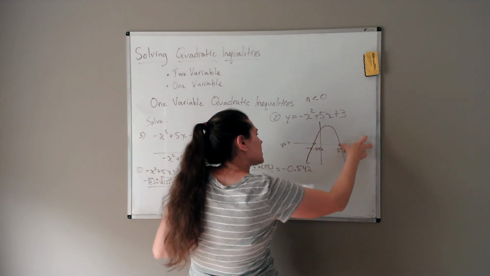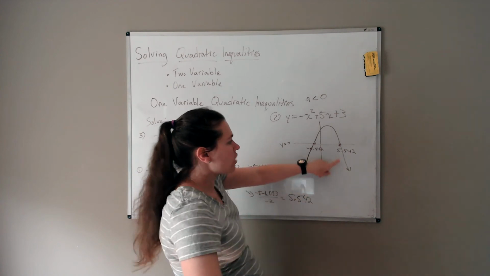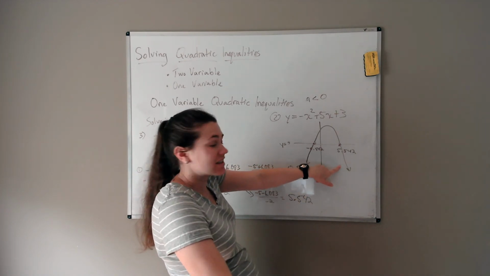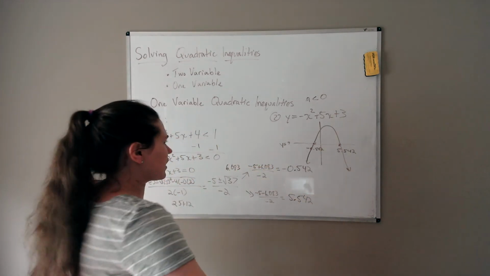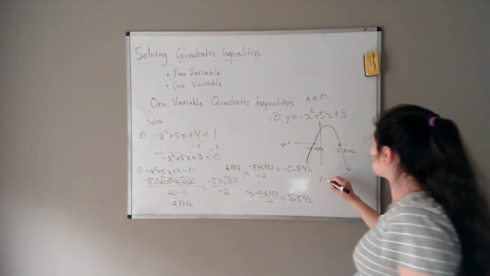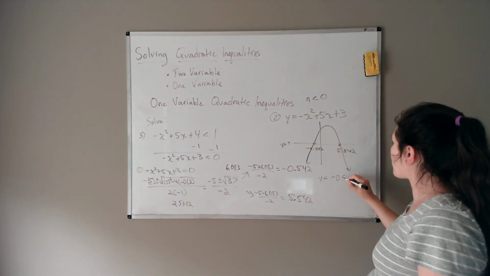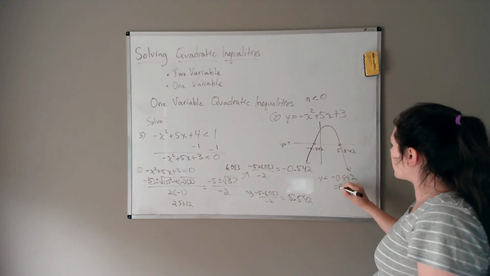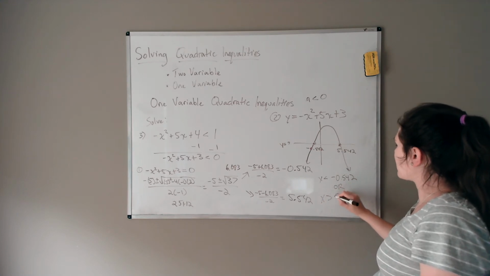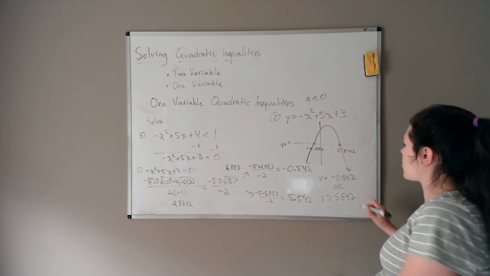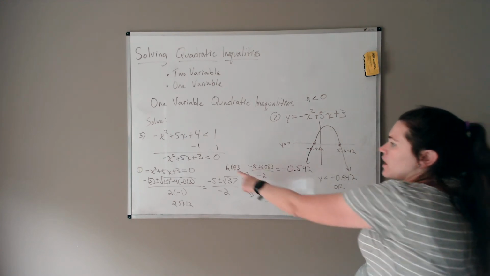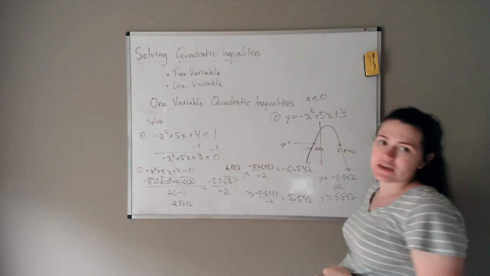And x's that fall to the right give you outputs that are negative, which is less than 0. So your answer here is x is less than -0.542, or x is greater than 5.542. And you don't include these boundaries because you're not allowed to actually be 0.